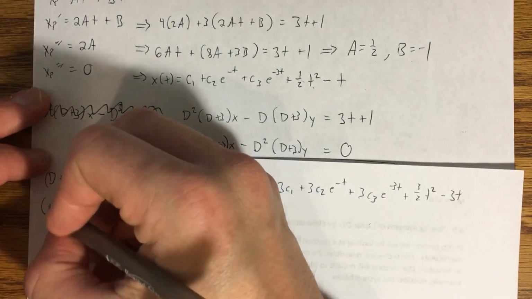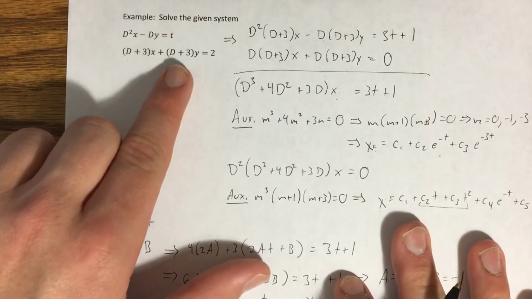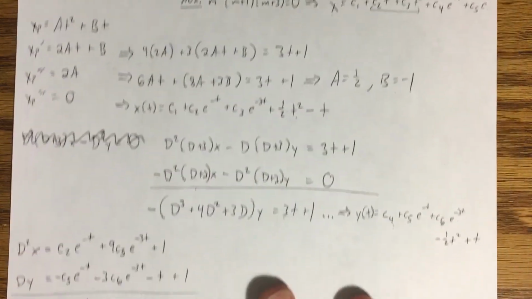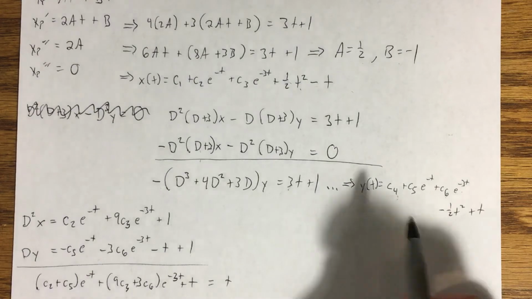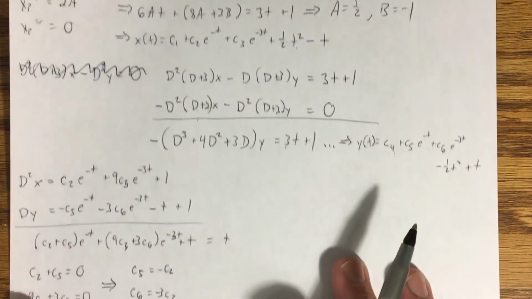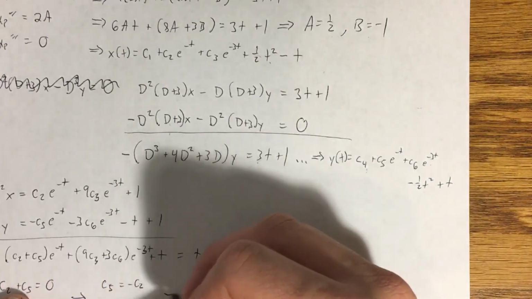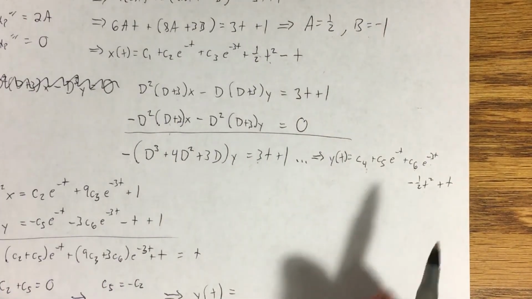Now I need d plus 3y, because that also shows up in that differential equation up there. And what I'm going to do is rewrite my y over here with these substitutions that we just found. Okay, so let me do that. I'm going to rewrite my y of t using those substitutions.